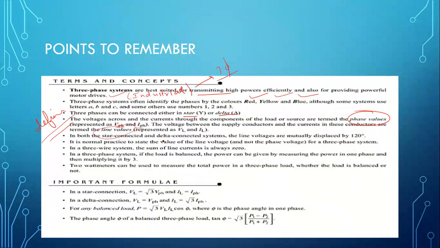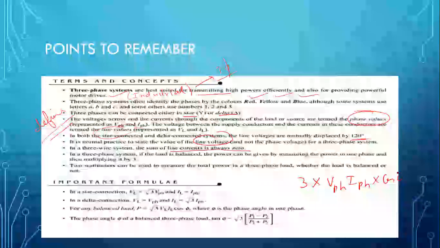In both star and delta, line voltages are mutually displaced by 120 degrees. In normal practice, we use line voltage or line current values. Sum of line currents is always 0. If the load is balanced, we can multiply by 3 and write VPH IPH into cos theta.